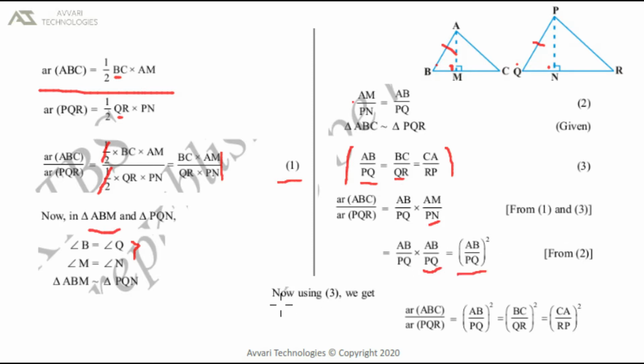Now again we will go back to equation 3. If AB by PQ is equal to BC by QR is equal to CA by RP, then their squares must also be equal.